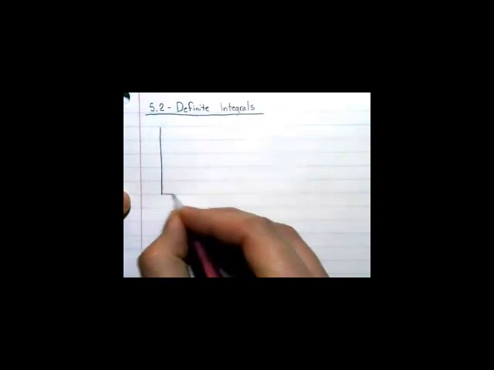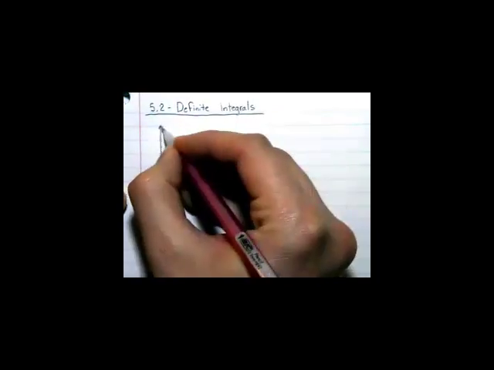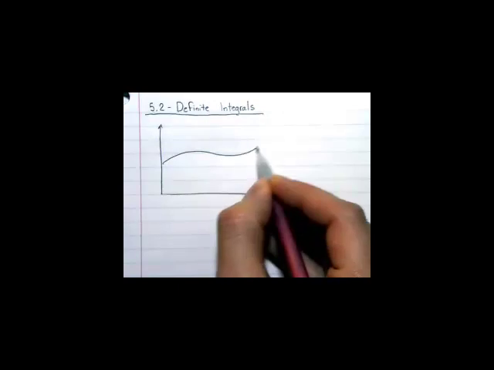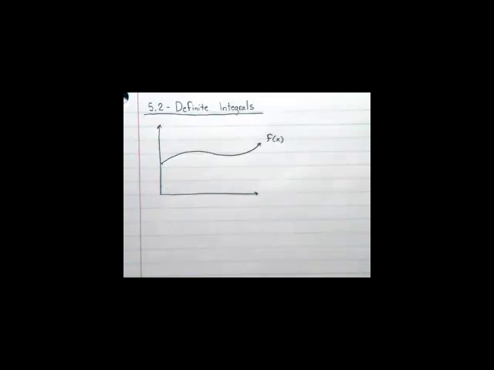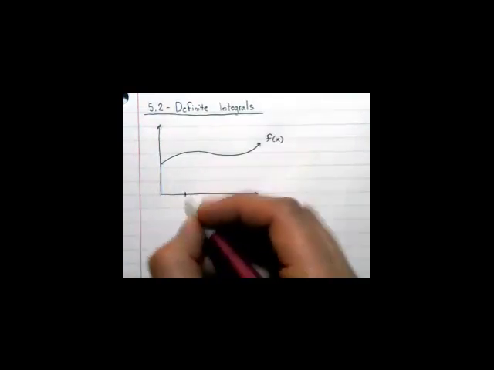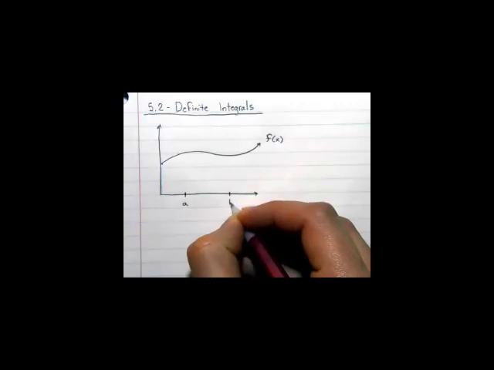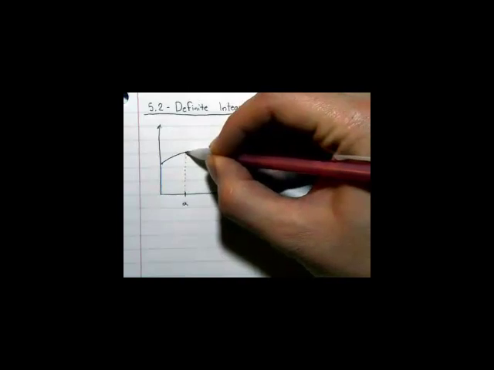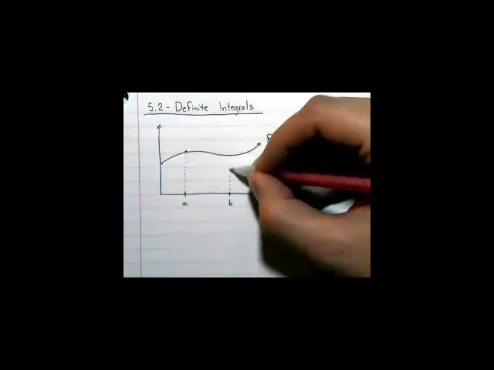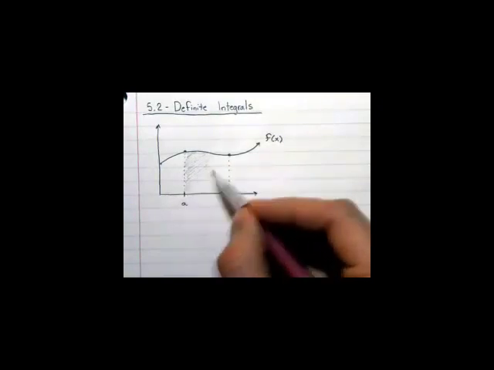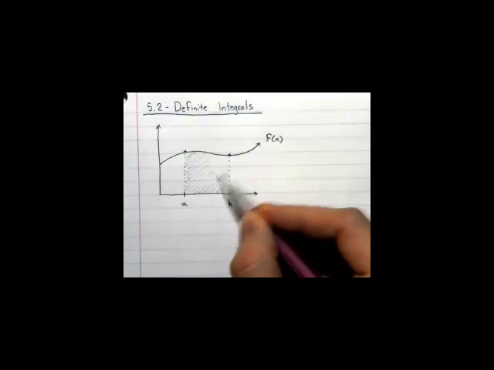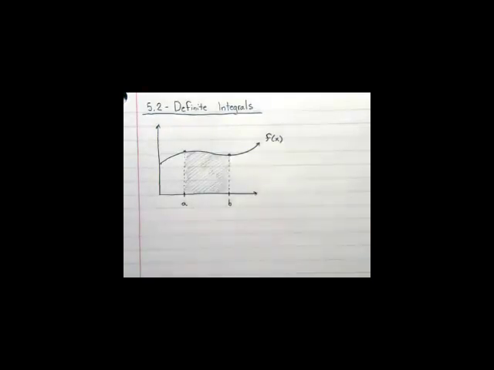Let's say we've got some f of x graphed here in the first quadrant, and I would like to find the area underneath it from A to B. Then the region would look something like this. It'd start at that point on the curve and go to that point on the curve, so it would be all of this area right there.